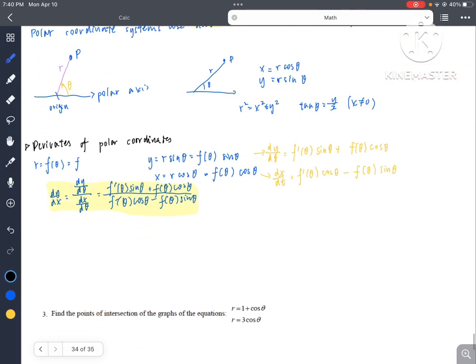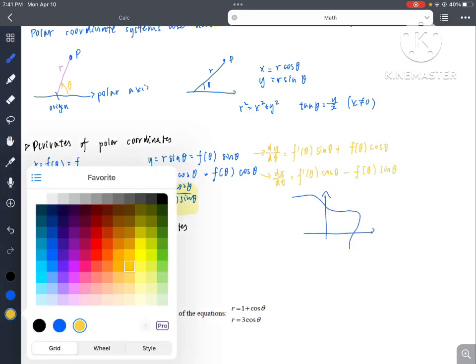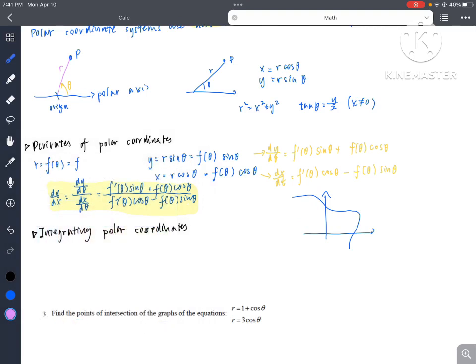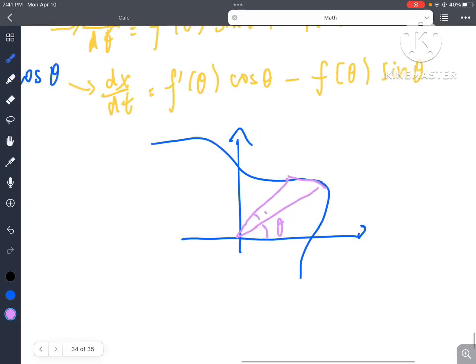Now let's talk about integrating polar coordinates. And unlike the Cartesian ones, where it looks like adding little rectangles, we will consider our polar coordinates to be adding little triangles together. So this is an arbitrary triangle. This is theta. Then this is delta theta.